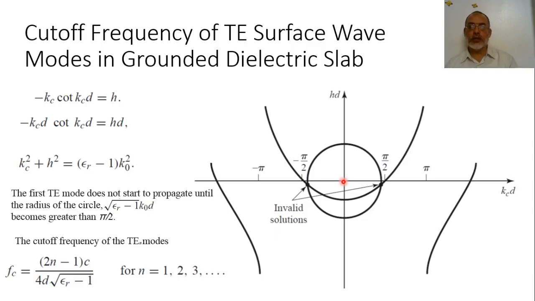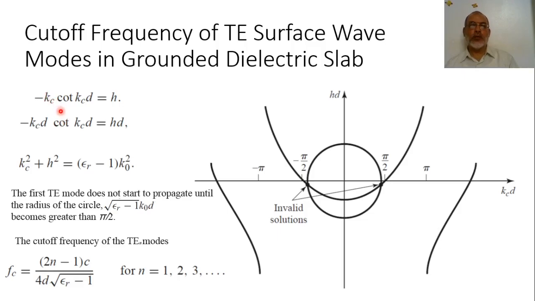So at the value Kc equals 0, the value of cotan is infinity. But the limit of Kc multiplied by cotan KcD, effectively cosine over sine, is here KcD over sine KcD.